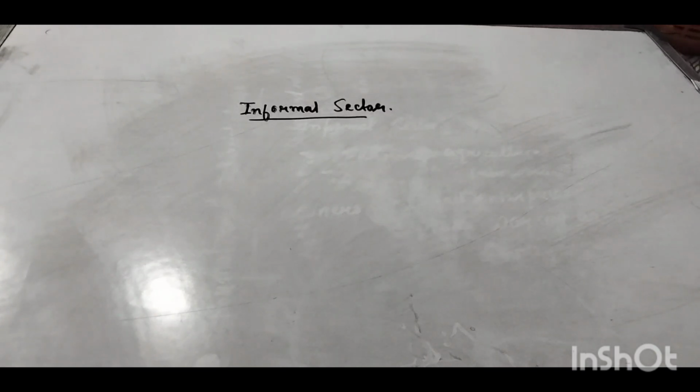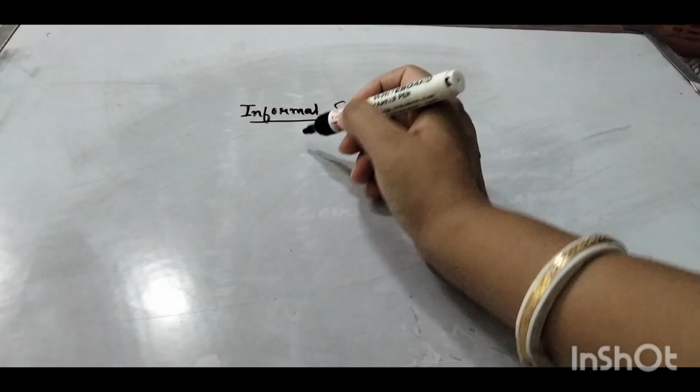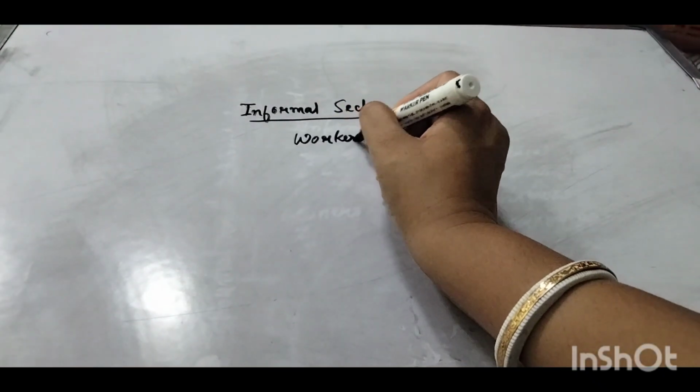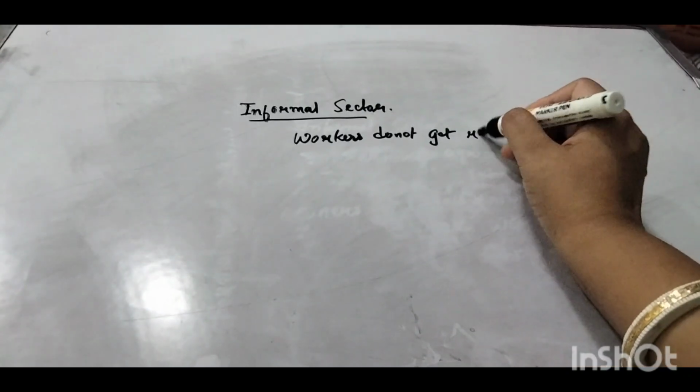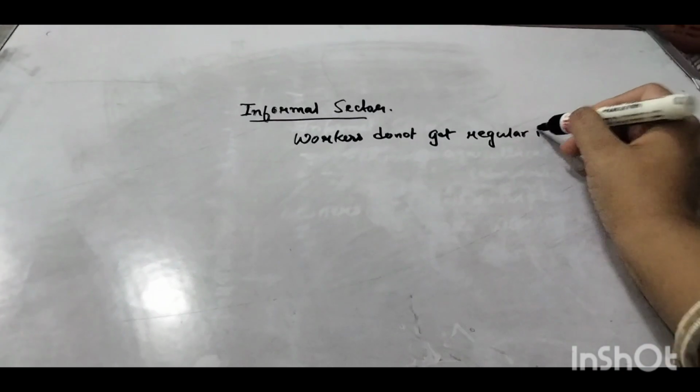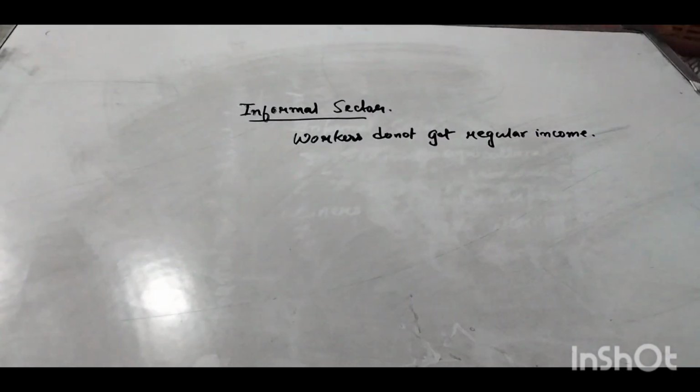Now in this informal sector, workers do not get regular income. As there are many uncertainties, the recommendation of the ILO has initiated the process of modernizing this informal sector.